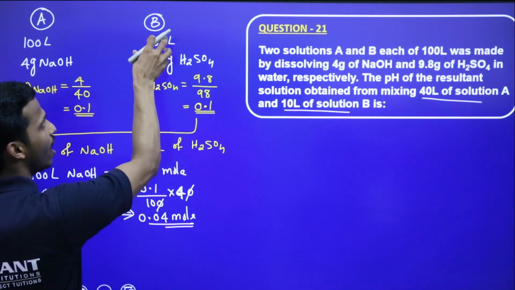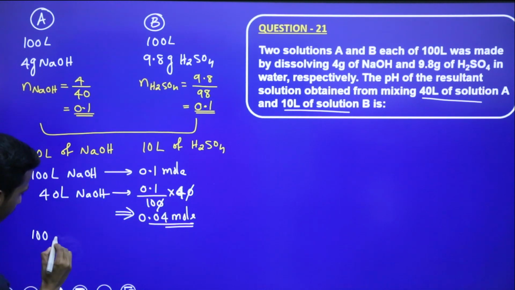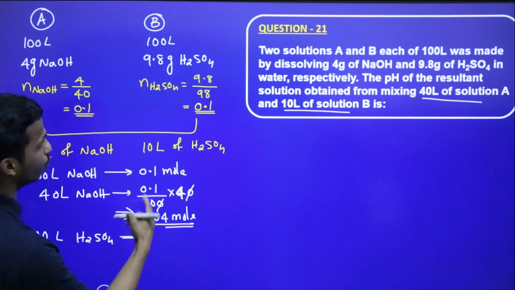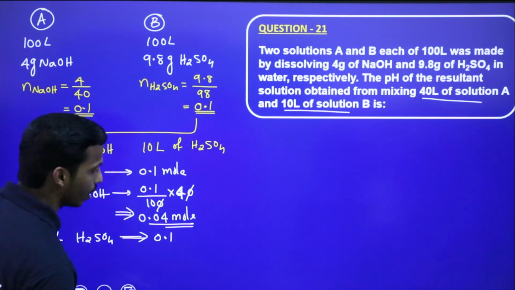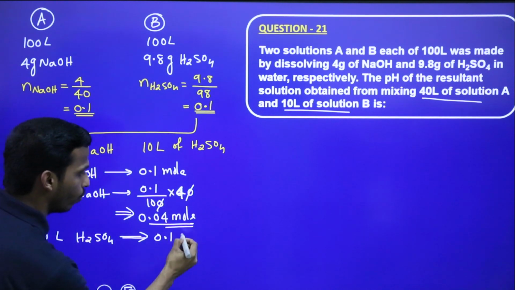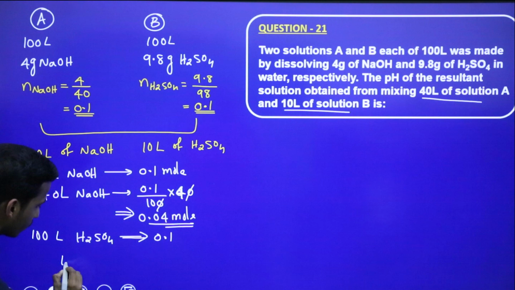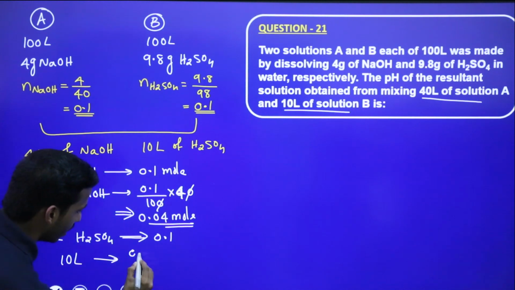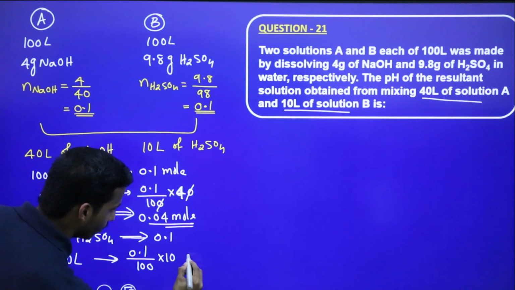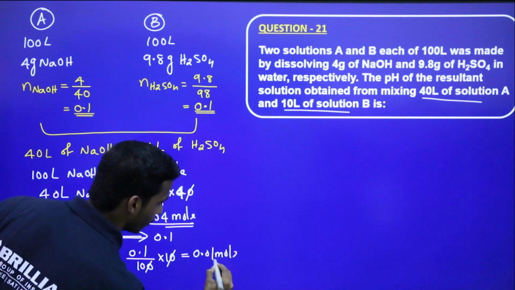Initially we have 100 liter H2SO4, which is 0.1 mole present. If 100 liter H2SO4 contains 0.1 mole H2SO4, how much is contained in 10 liter? So 10 liter contains 0.1 by 100 into 10, that's equal to 0.01 mole, right?